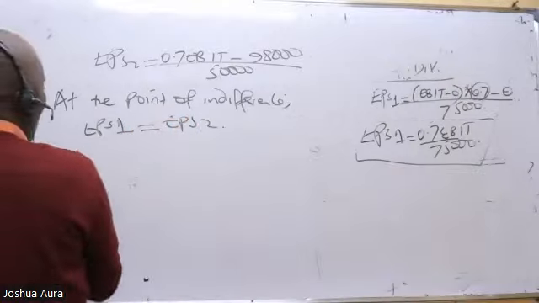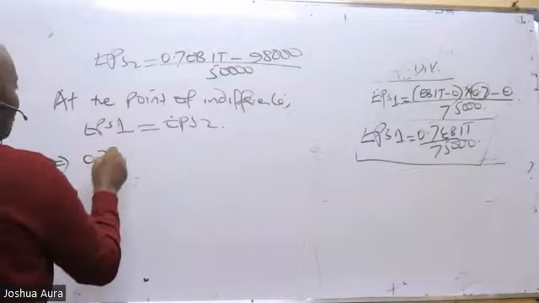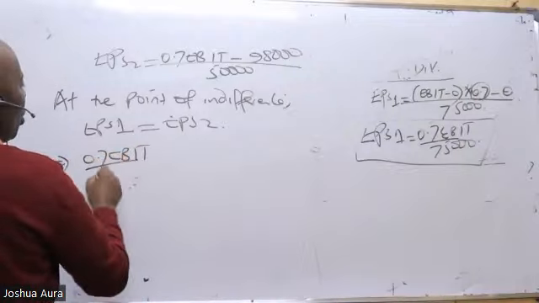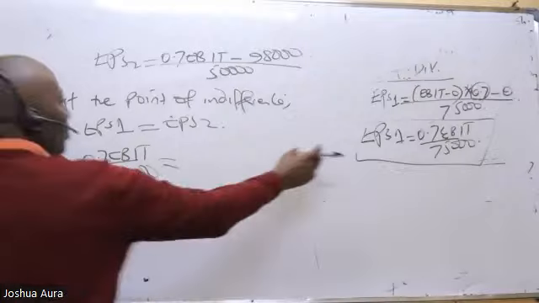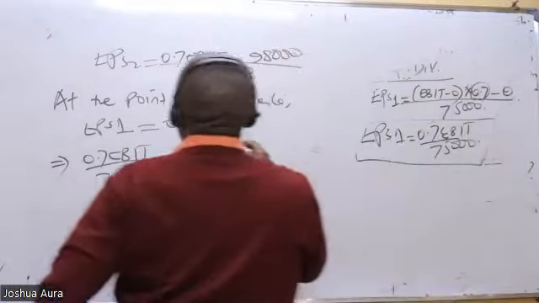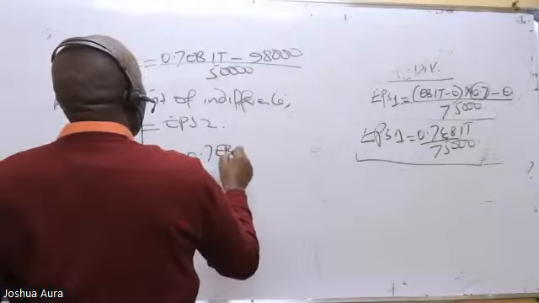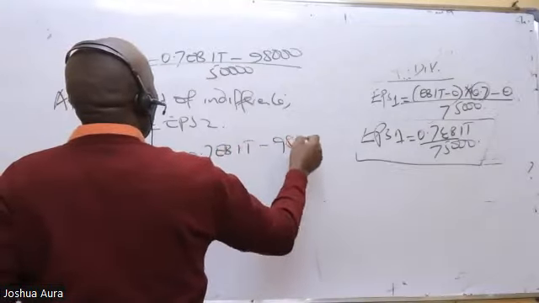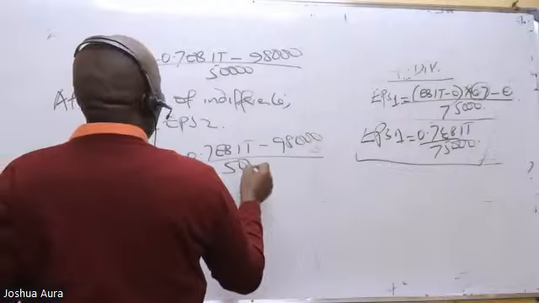And EPS 1, we know it. EPS 1 is 0.7 EBIT all over 75,000. This formula here equals 0.7 EBIT minus 98,000 all over 50,000.